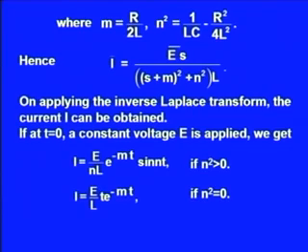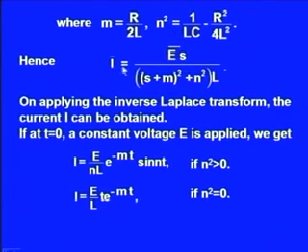Now, if 1 by L c minus r square by 4 l square is equal to 0, that is, if r, l and c have values such that 1 by L c becomes equal to r square by 4 l square, then n square will be 0.